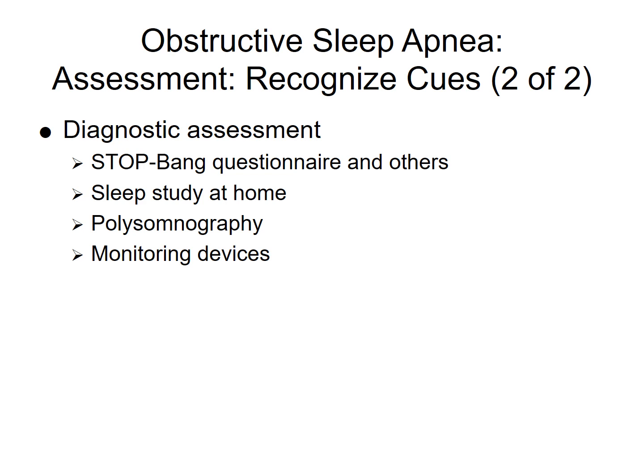Monitoring methods and devices include an electroencephalograph or EEG, an electrocardiogram or ECG, or an electromyography or EMG. And also the patient will have a pulse oximetry as well.